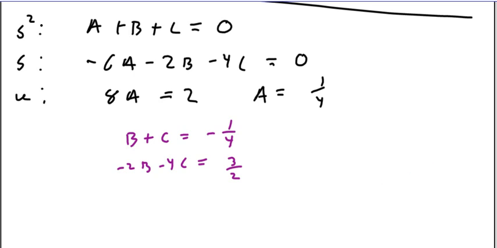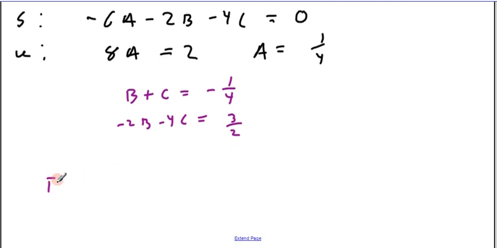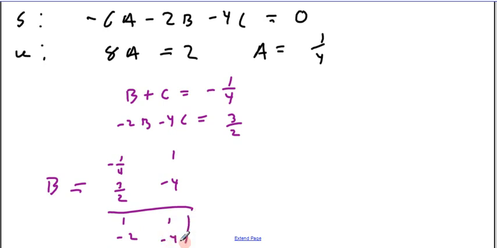Okay, so I'm going to use Cramer's rule, solve for b. B is equal to minus 1/4, 3/2, 1 minus 4, and I've got 1 minus 2, 1 minus 4 on the bottom. So I got minus 4 plus 2, minus 2 on the bottom.